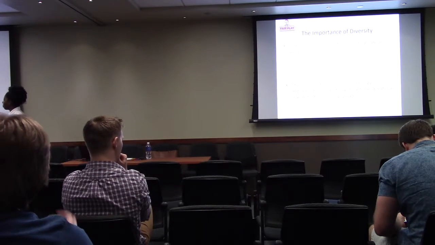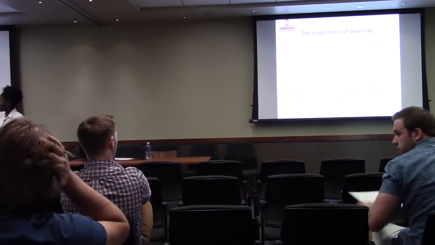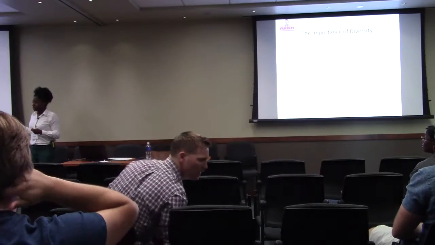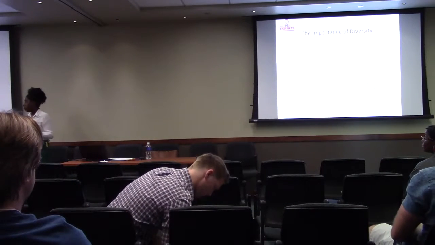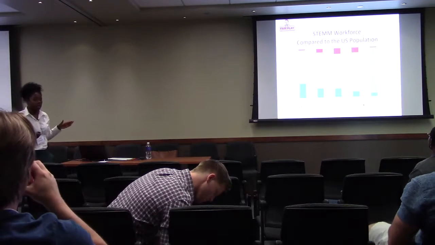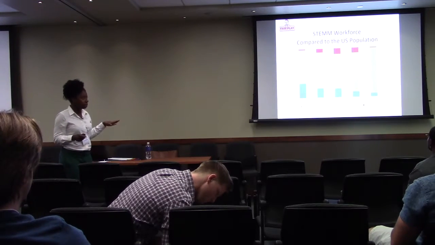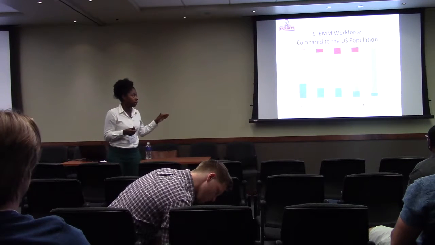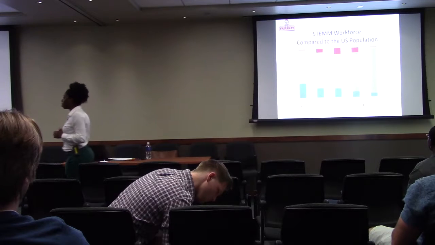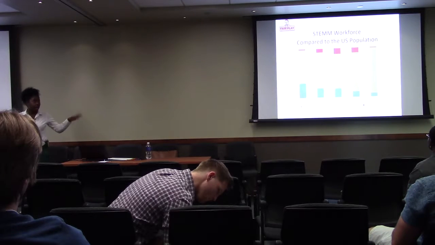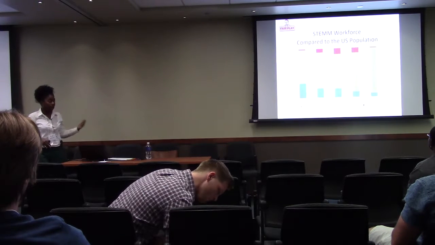However, diversity poses an issue for current STEM departments because the workforce for STEM does not reflect the US population, right? So if we understand this graphically, the first column is the US population, and this data is from 2012. The next columns that follow are the attainment of different degrees: the bachelor's, master's, PhD, and then the last column is the tenure track faculty positions.